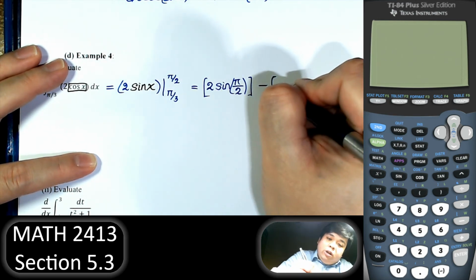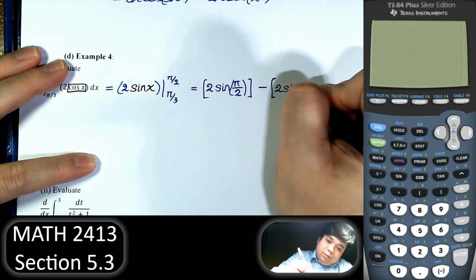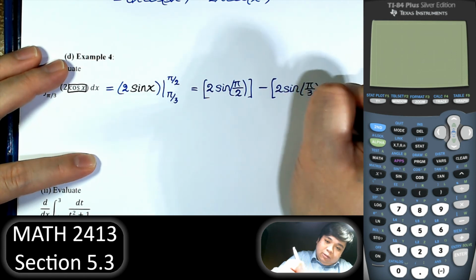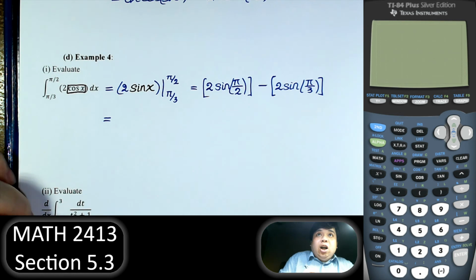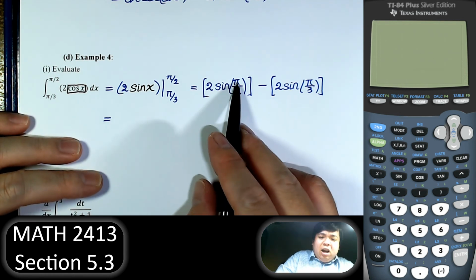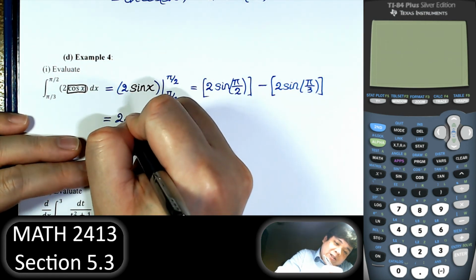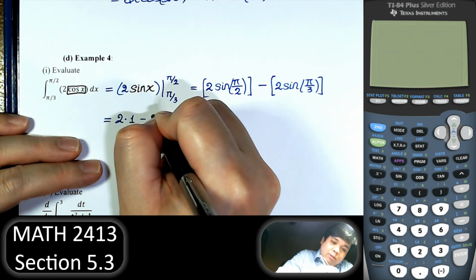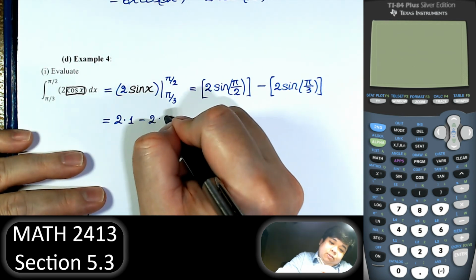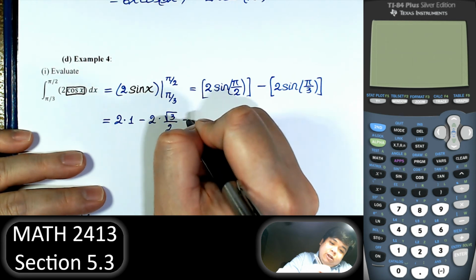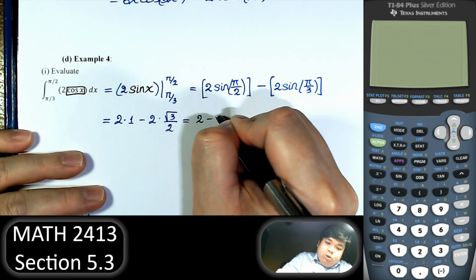Subtract. Put in the lower limit. Sine of pi over 2 is sine of 90 degrees, which is 1. And sine of pi over 3, or sine of 60 degrees, is square root of 3 over 2. Cancel out the 2 here. We have 2 minus square root of 3.